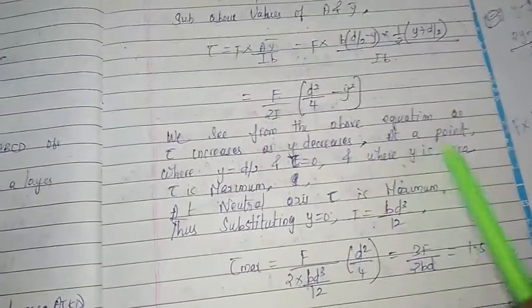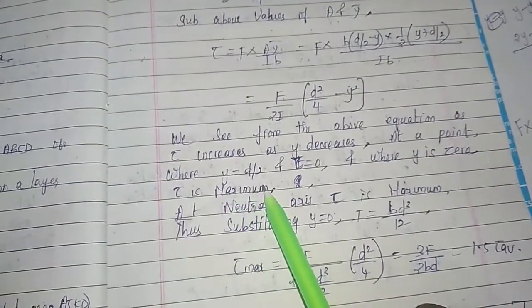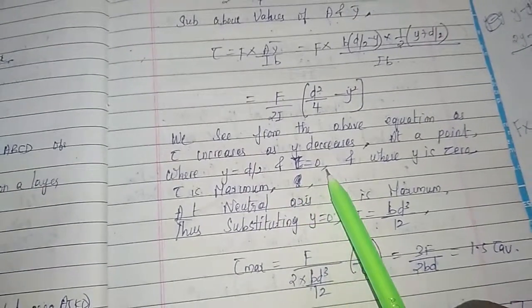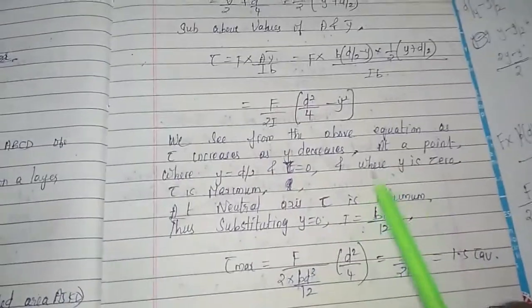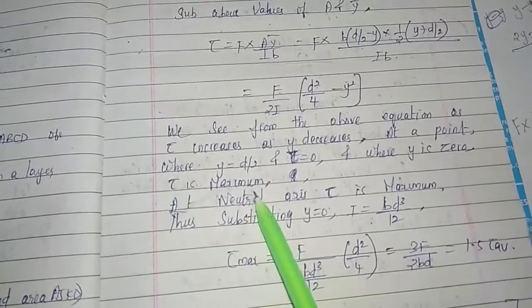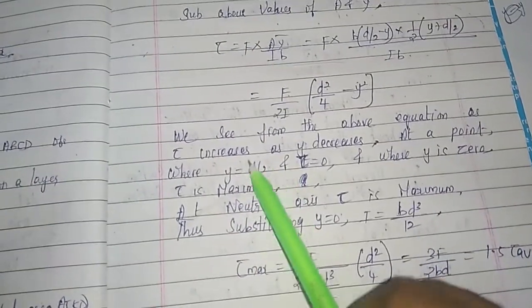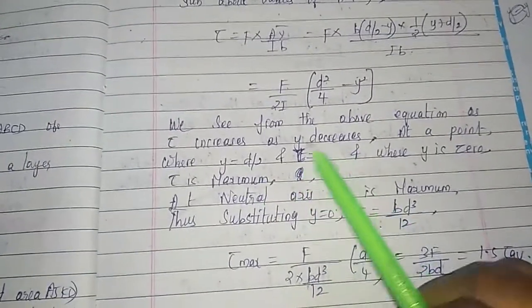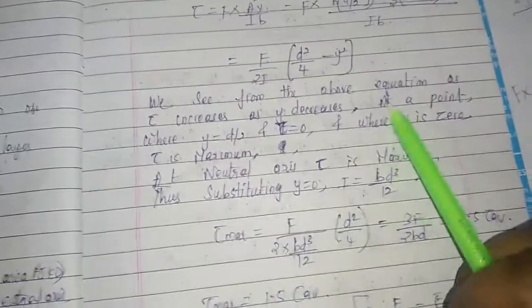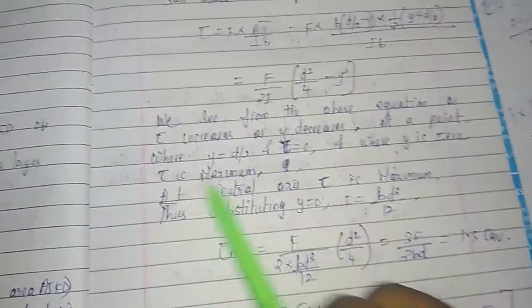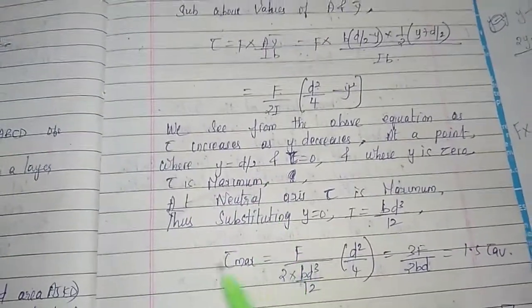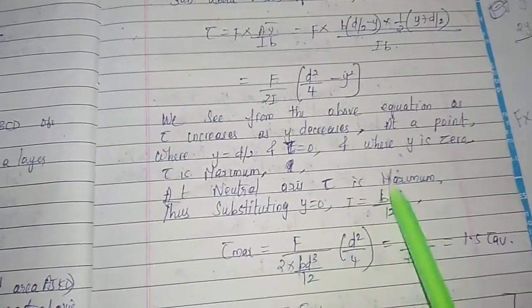At a point where y is equal to d by 2, tau is equal to 0, and where y is 0, tau is maximum. So at neutral axis tau is maximum.